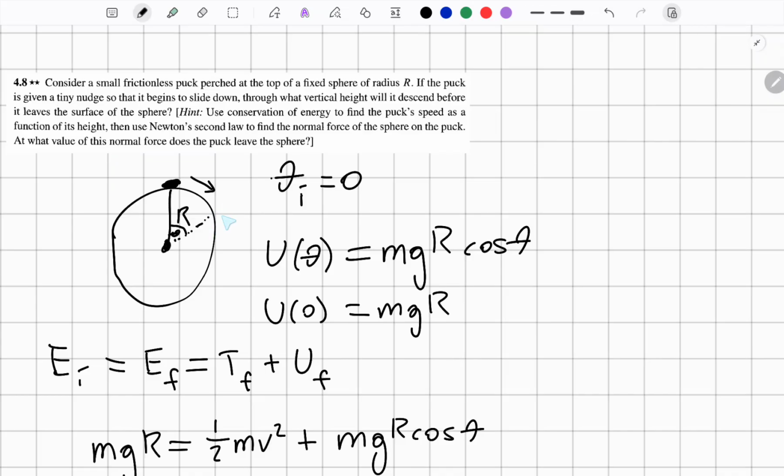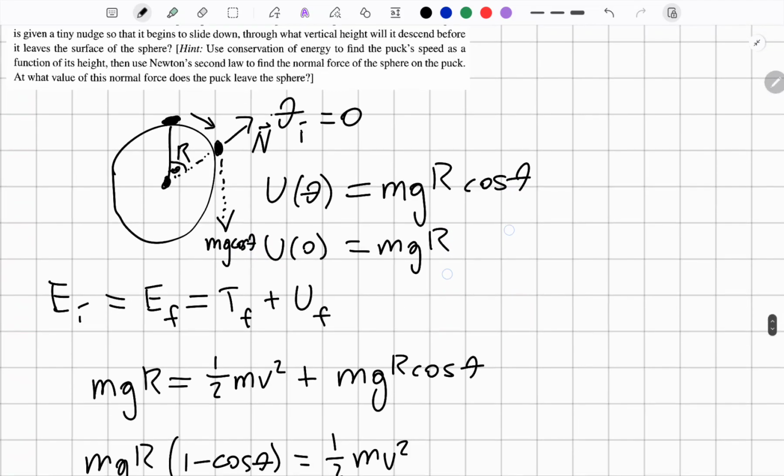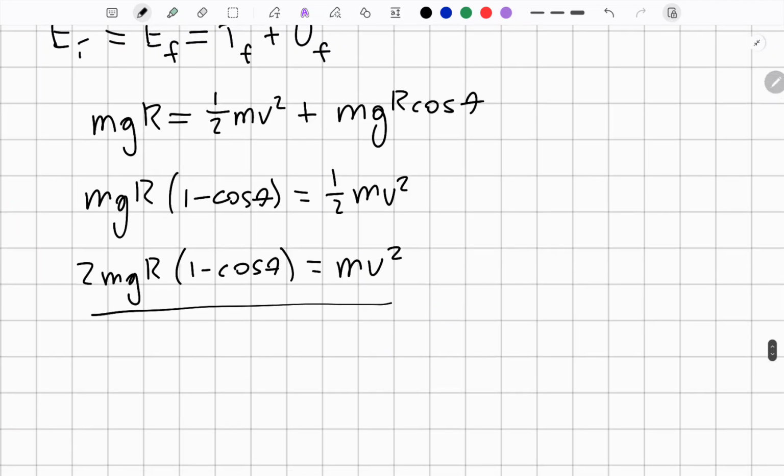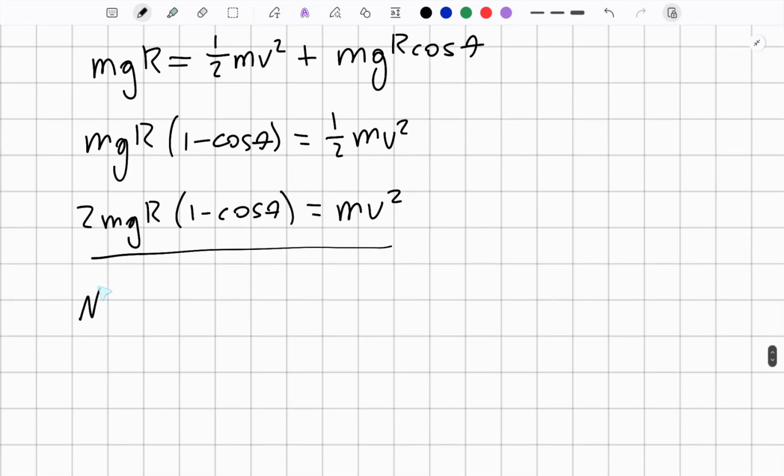the puck. So if the puck is placed here, you're going to have a normal force coming out, and we're going to have the force of gravity going down here, mg cosine theta. Now, the normal force minus that force of gravity must be equal to the total force, which we know is mass times acceleration.